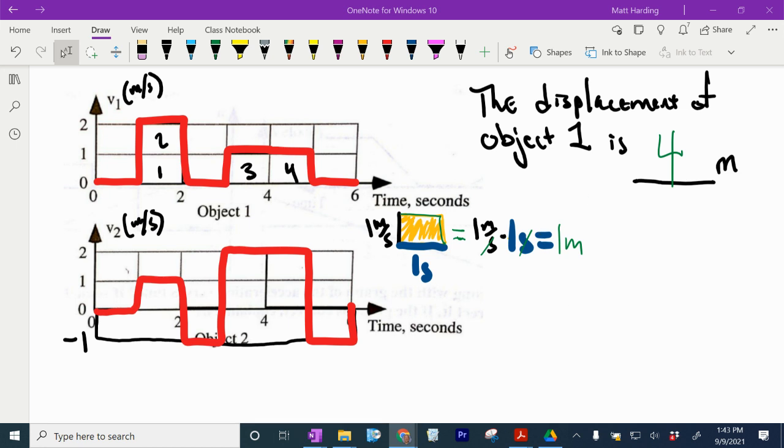All right, let's see how convincing your neighbors were. Quick revote. Greater displacement, object 2, object 1. Or I should say object 1's displacement is greater than object 2's.